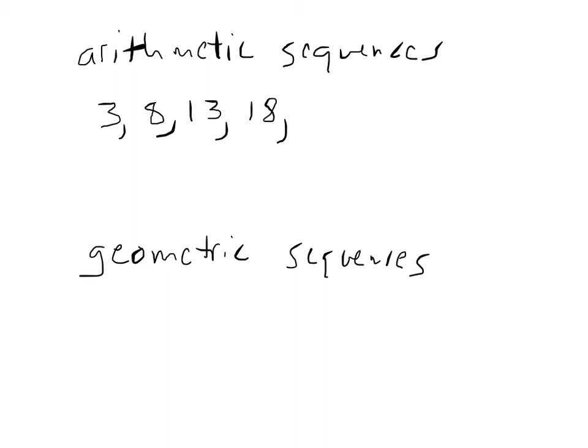I also could say that 20, 18, 16, 14 is an arithmetic sequence, and the common difference in this case would be -2. 18 minus 20 is -2, 16 minus 18 is -2, 14 minus 16 is -2. And generally we use d to stand for difference. So for the first one, our d is going to be 5. For the second one, our d is going to be -2.